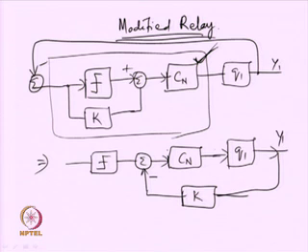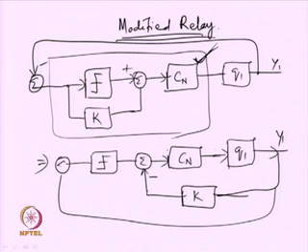Now, the equivalent form of that can be represented in this form, and subsequently you have got the negative feedback over here. So, the equivalent block diagram of the upper one is given below, and interestingly the gain I had connected in parallel with the relay is found to be available in the inner feedback path.